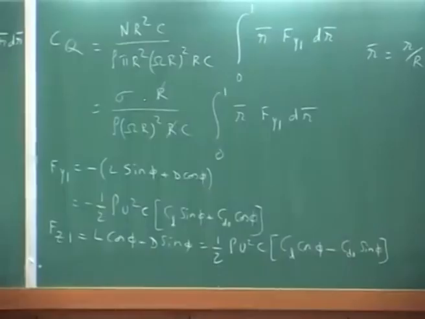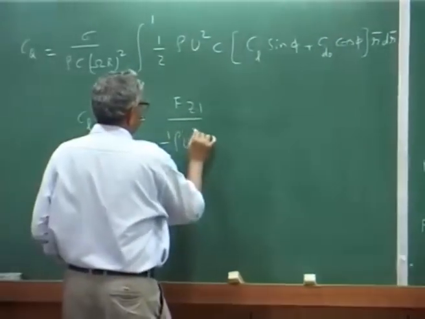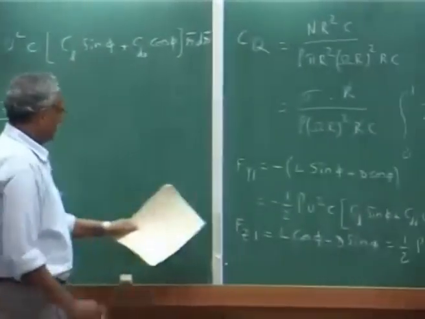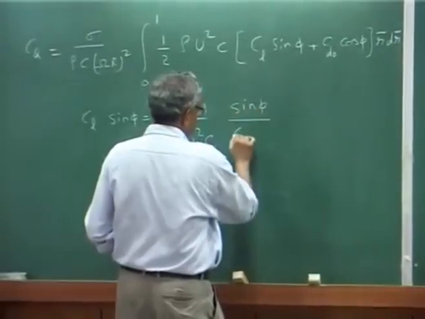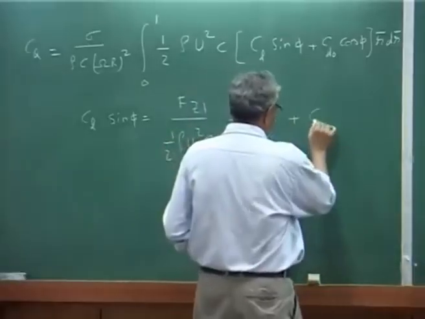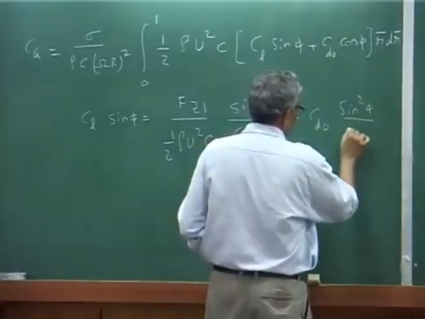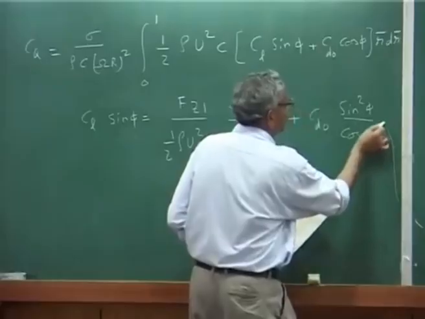So, you will have Fz1 over half rho u square C, that is this term, into sin phi cosine phi plus C d 0 sin square phi over, please note this I am getting from this equation.